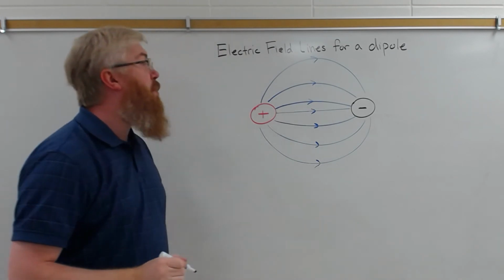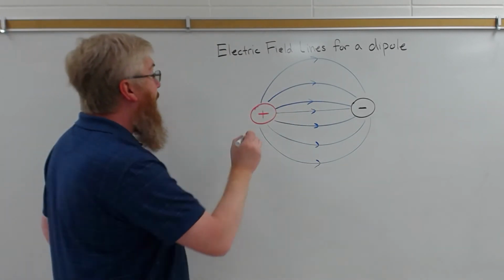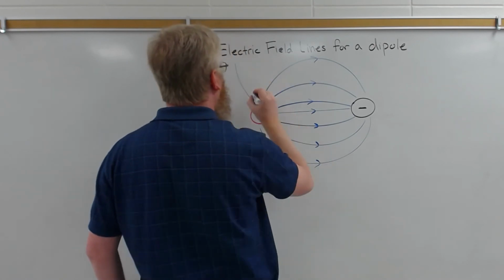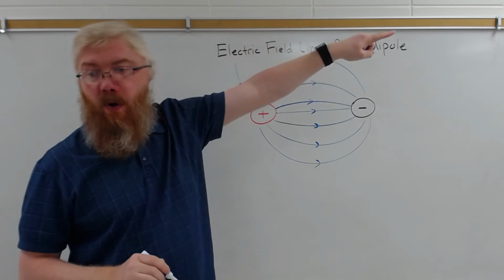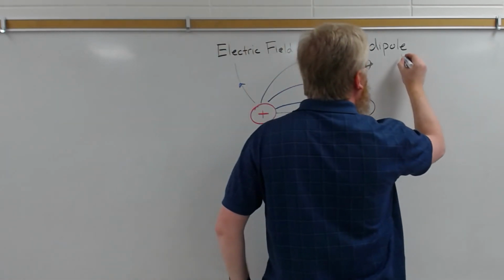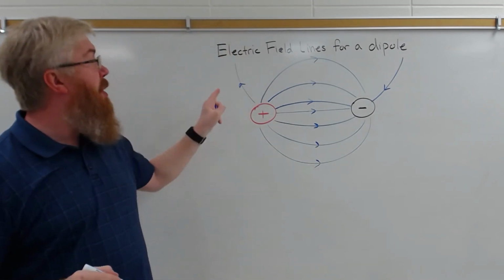See how they're all originating from the positive charge, they're all terminating at the negative charge. So the line that comes out here, I would have to draw up and around on top of the wall here, and it will come back down and terminate at the negative charge over there. I just can't draw the loop that big.